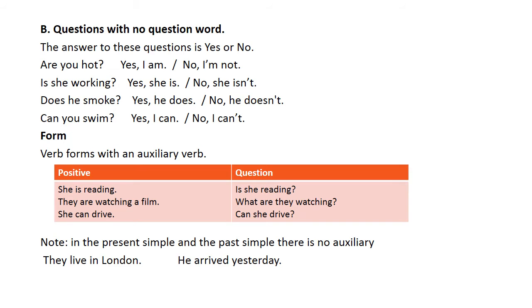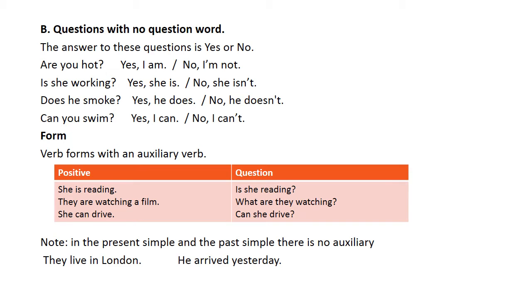The second sentence, they are watching a film, is present continuous, and the question for this sentence: what are they watching? The third one, she can drive. We can make a question from this sentence and say, can she drive?